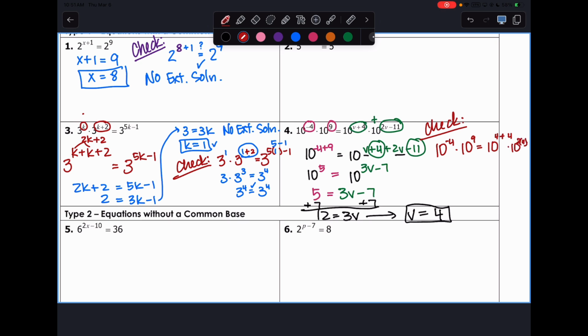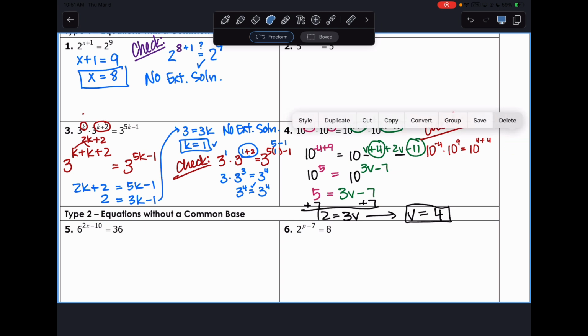I can't squeeze in my minus 11, so I kind of wrote it down. That looks terrible. Let me see if I can fix that. Times 10 to the 2 times 4 minus 11.